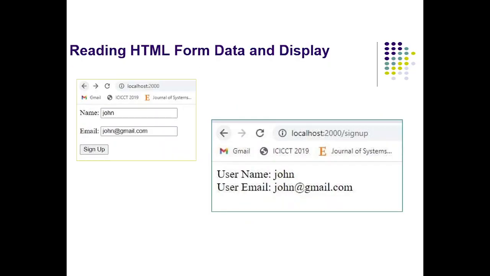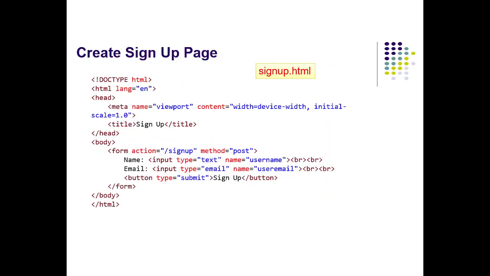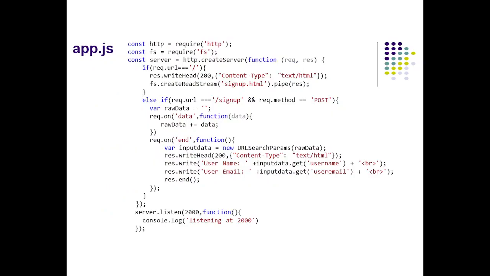For reading the HTML form data and displaying it, the example is given as John and john@email.com, and if you sign up it shows the username with the user email. To create a sign up page, here is an example of signup.html. It has metadata, form action, and the data. And here we can see the app.js.